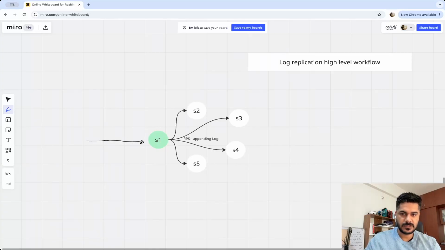Once the leader receives a request, to replicate it on all the machines it simply uses the append log RPC and sends it to all the nodes where it needs to replicate. All of them are followers right now because we have an active leader. These followers will respond back saying request received.